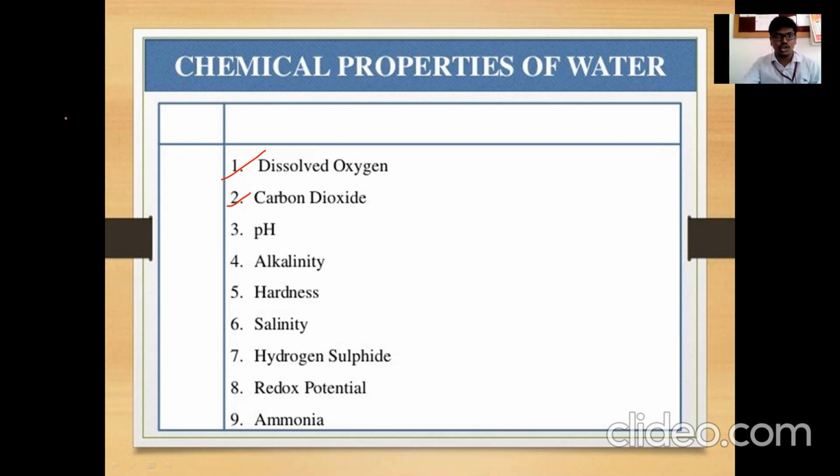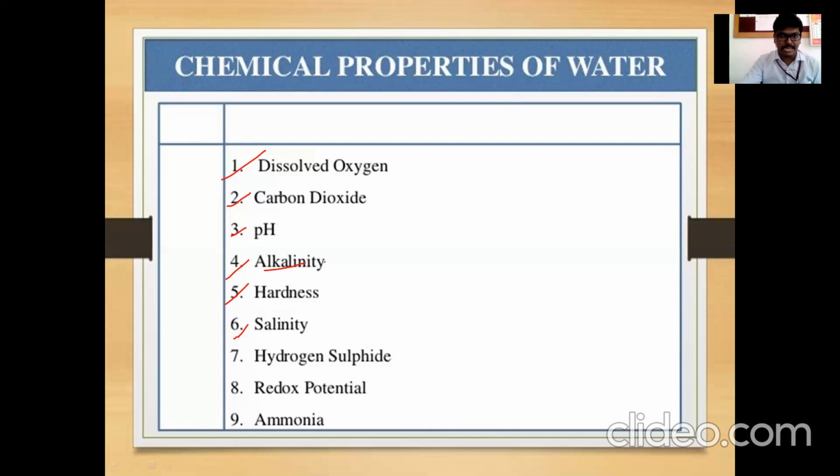And coming to the pH, you know, 7 is the neutral value. Less than 7, we say it is acidic, and more than 7 is base or basic. And later on, alkalinity. So what is this alkalinity? Whenever we talk about the chemical properties of water, we usually talk about alkalinity, hardness, and salinity. Alkalinity is nothing but the measure of the ability of the water body to neutralize the acids and bases present in the water.